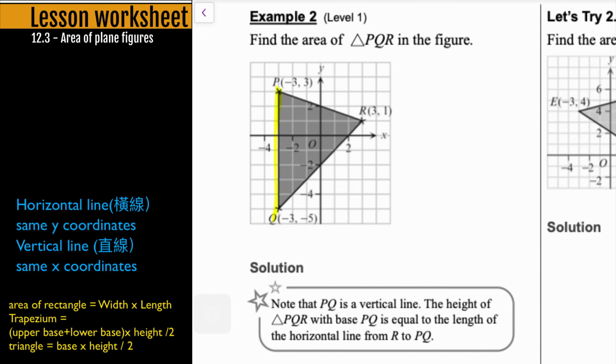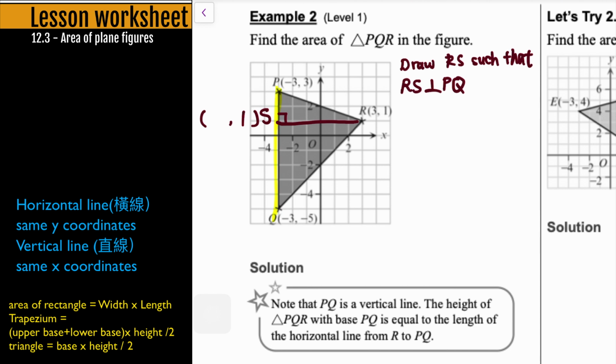We can draw RS such that RS is perpendicular to PQ. So we know they are perpendicular, and that will be the height like this, and this is S. Now we know this is a horizontal line, so the height will be determined by the y coordinate here.